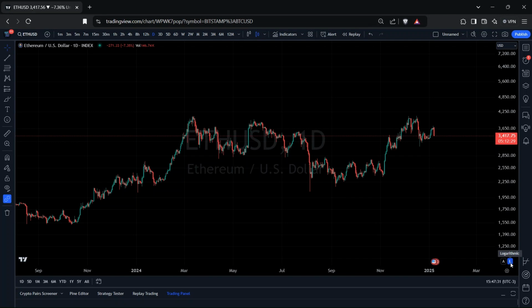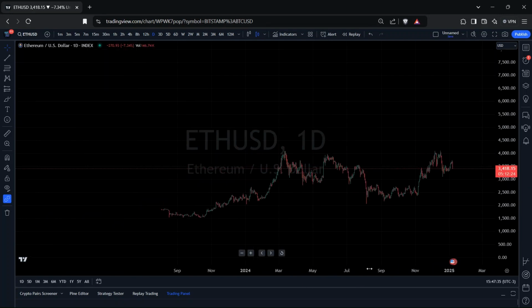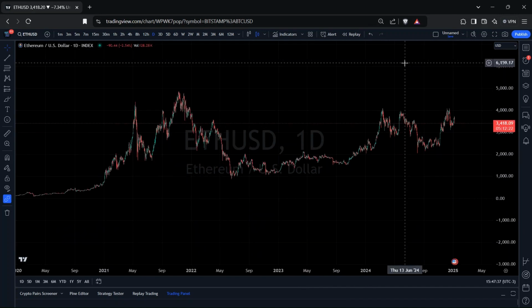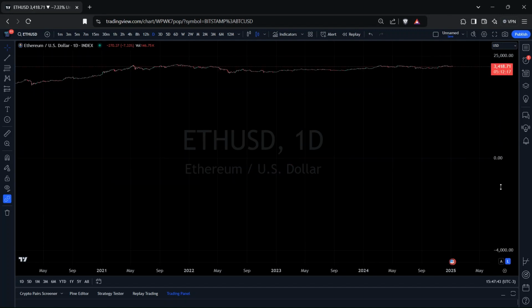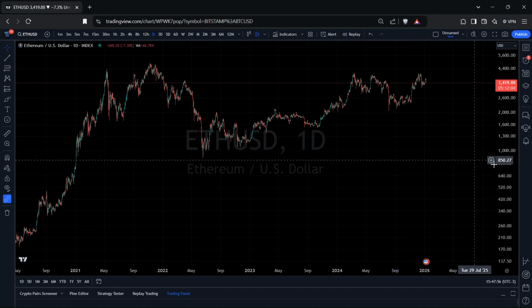Mine is already ticked, but you will see that if I unclick, this is gonna be the chart without logarithm, and clicking on the logarithm chart, this is the new chart. So a log chart lets me see percentage based changes rather than just dollar differences. It makes a world of difference, especially for cryptos like Ethereum, Bitcoin that have seen massive price swings.